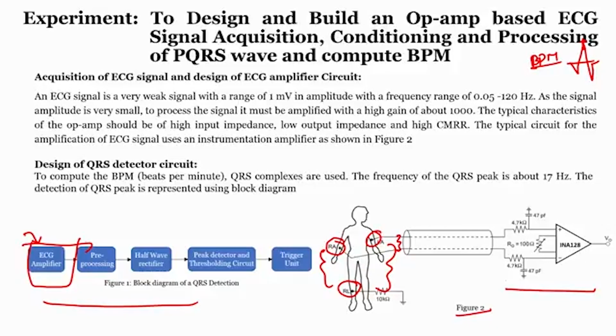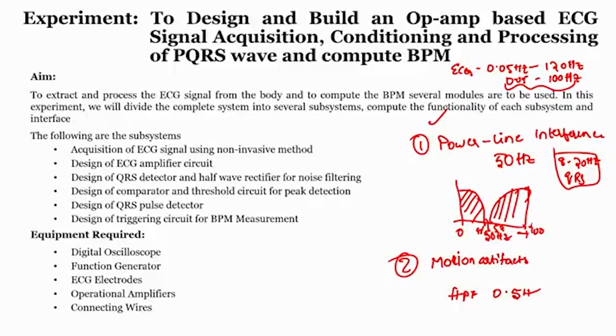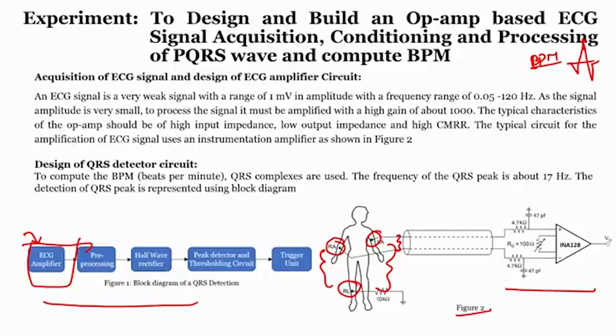Now what are all the errors that we have seen in the class? A few things we also discussed in the session. One is power line interference, the other is motion artifacts. So how do we eliminate them? As we have already seen the sources of errors, we have also discussed what kind of filters to use.